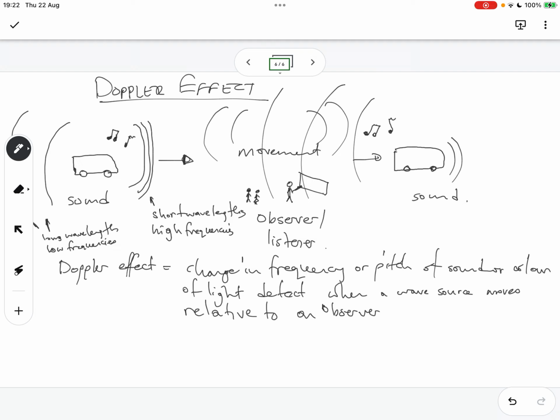Okay, and the long and short of it would be, its formula would be expressed as the frequency of the listener would equal the frequency of the source multiplied by the speed of sound plus or minus the speed of the listener, divided by the speed of sound plus or minus the speed of the source.